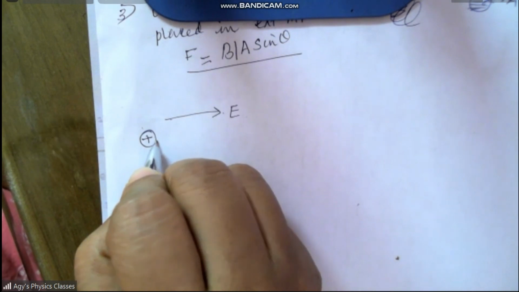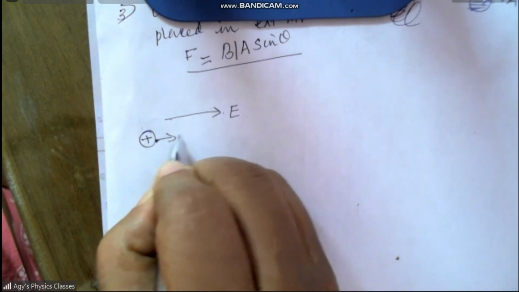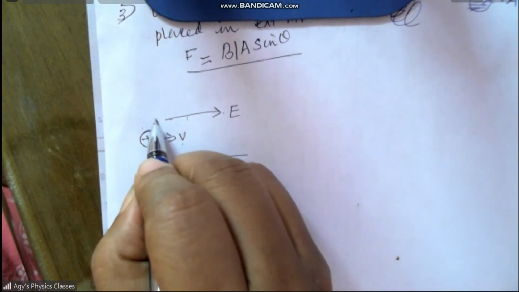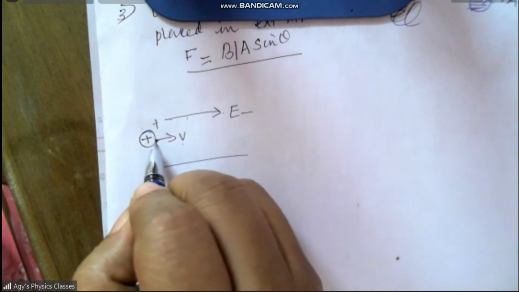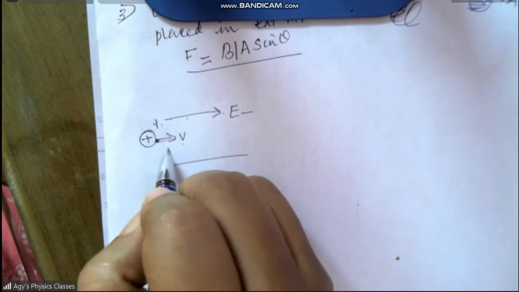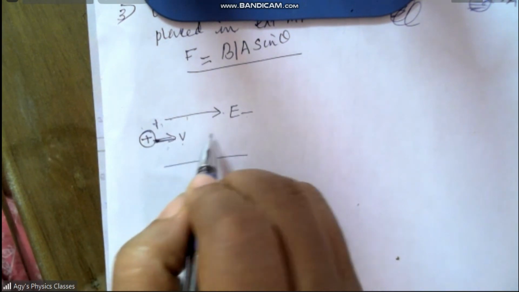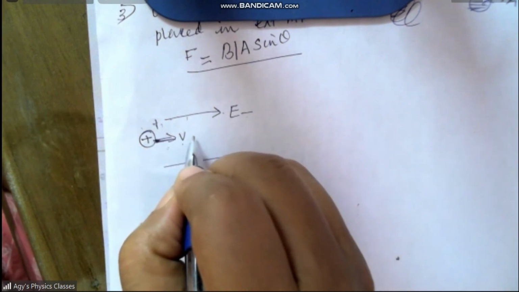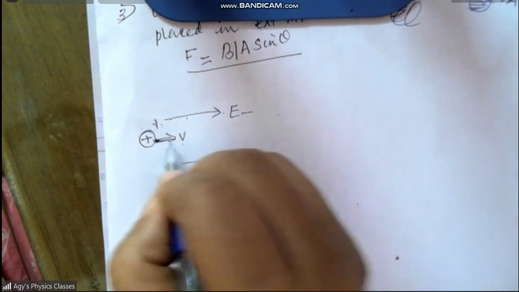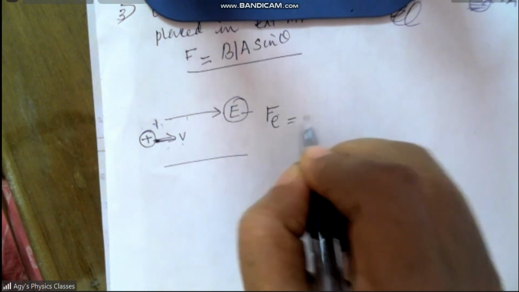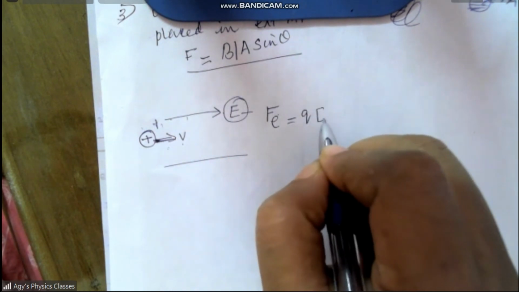If it is moving, now that means this is positive, this is negative. A positive charge is repelled by this. So what is the force it experiences? Because of the electric field, this charge experiences a force.